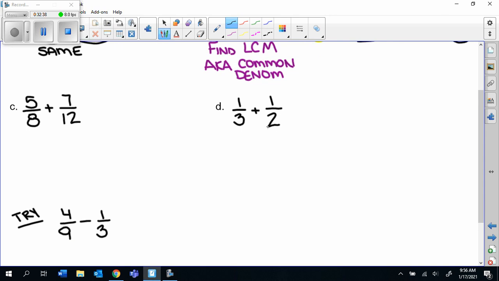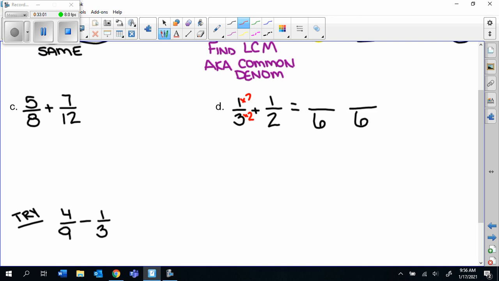Well, these don't have any common factors, and so when that happens, in some ways it's easy because we just multiply them together. So 3 times 2 is 6, and that's going to be a number that both of them divide into. So what do I need to multiply 3 by? Well, 3 times 2.